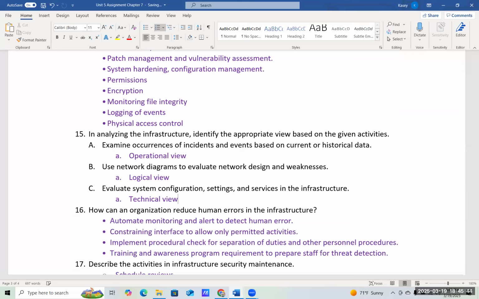So an element that's really hard or difficult for us to control is human error. How can we reduce human error in IT infrastructure?